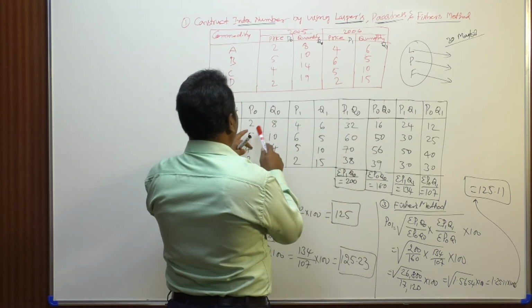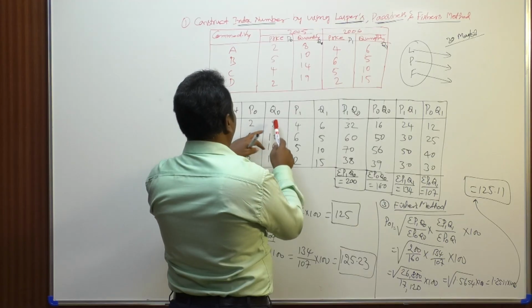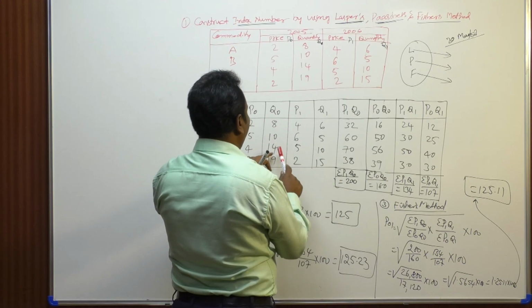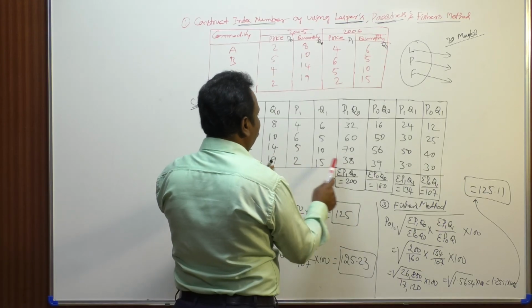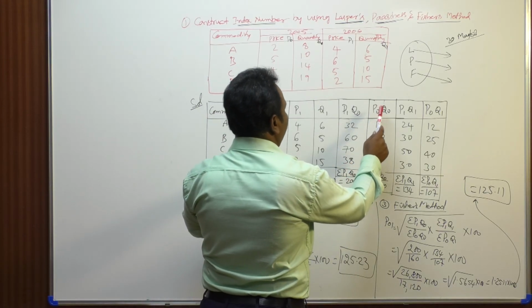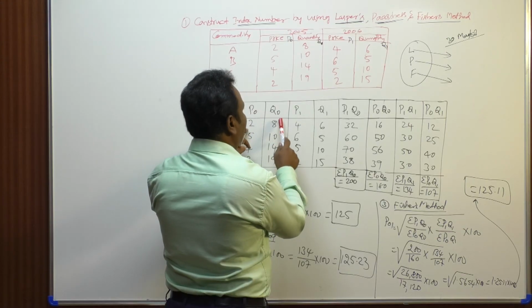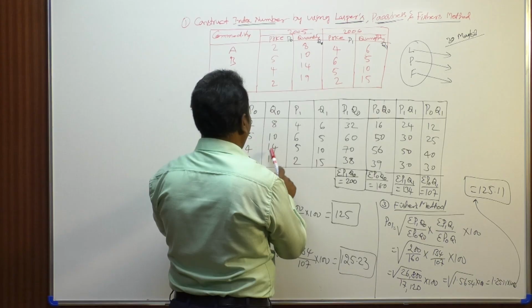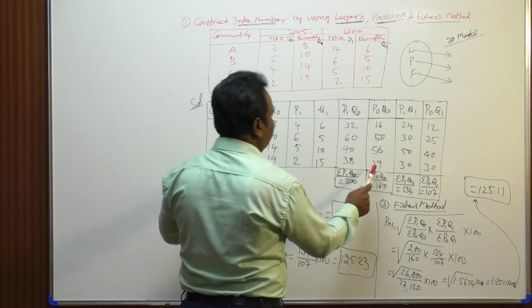This is the P1 column, then the Q0 column: 8 into 2, 10 into 6, 16, 14 into 5, 70, 19 into 2, 38. Next P0 Q0: 2 into 8, 16, 5 into 10, 50, 4 into 14, 56, 2 into 19, 36.